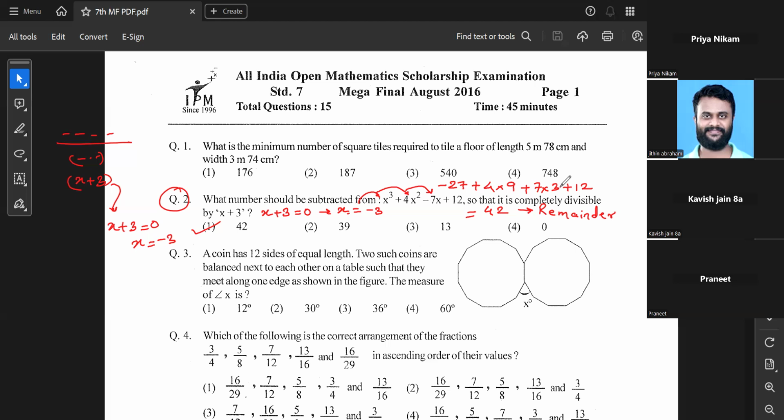For example, you put x equal to 1 and got 42 as the answer. What if you put x equal to 2 and don't get 42? That is a possibility. So sometimes there is a possibility that you may be wrong. So I won't suggest that method. I will prefer this method itself.